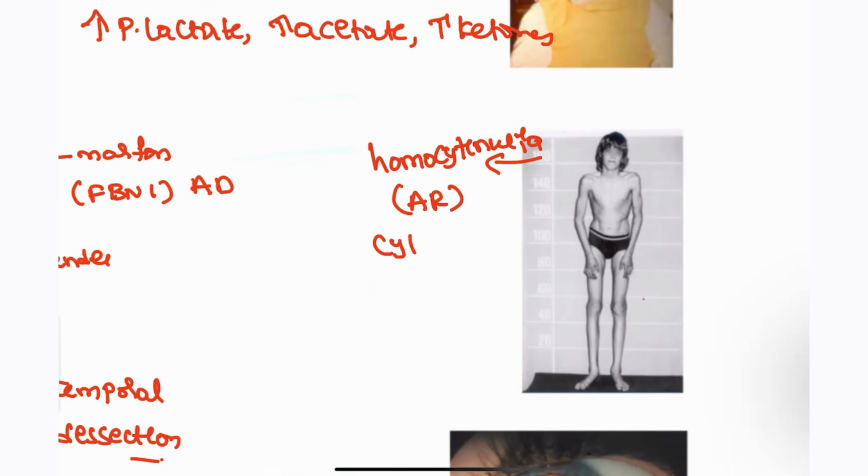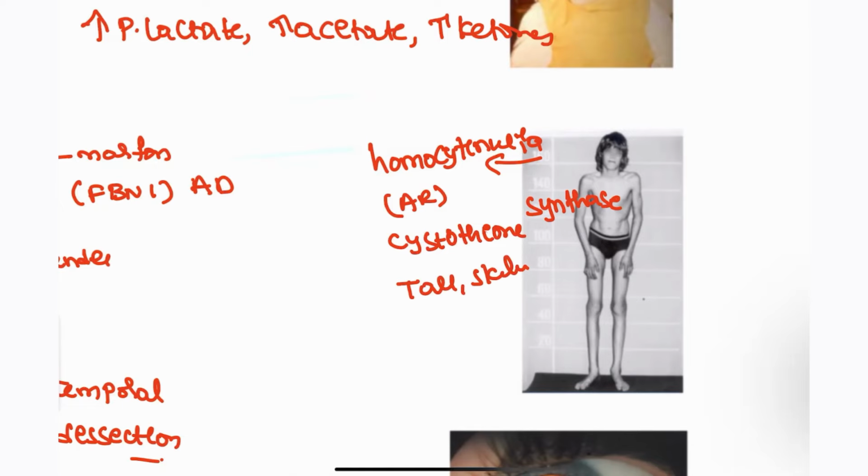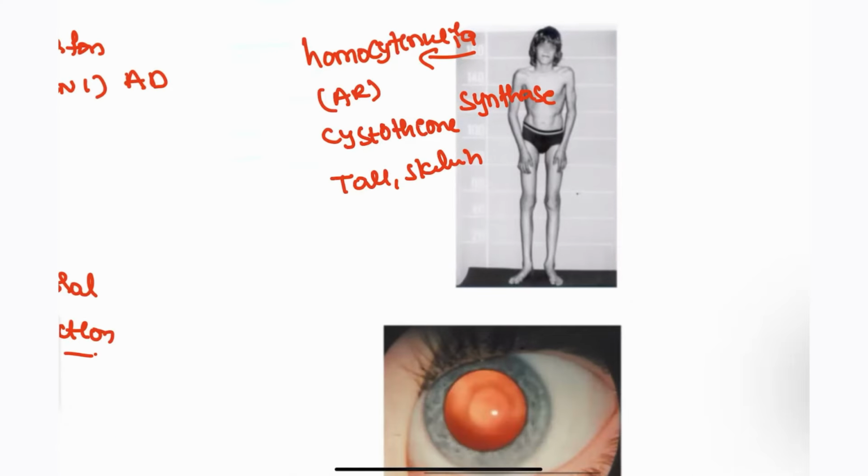And this patient will have cystathionine synthase deficiency. Same as before, tall with skeletal deformities, but this patient will be associated with atherosclerosis.